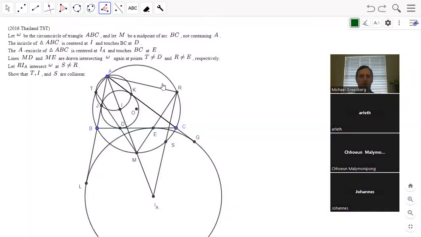Yeah, we just want to show A R I_A is 90 degrees, right? So if A T I is 90 degrees, I wonder if somehow we could use a similar argument to show A R I_A is 90 degrees. It's probably like a similar argument, right? I'm not sure if it's the same argument, actually.